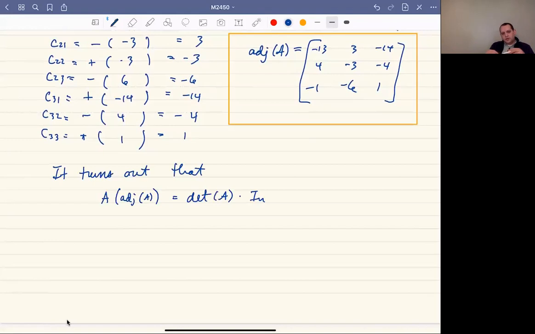So in other words, if you take A times the special matrix, you're going to end up with a diagonal matrix whose values are the determinant of A at each term in the main diagonal. In other words, if you want to find A inverse, let's multiply both sides on the left by A inverse.